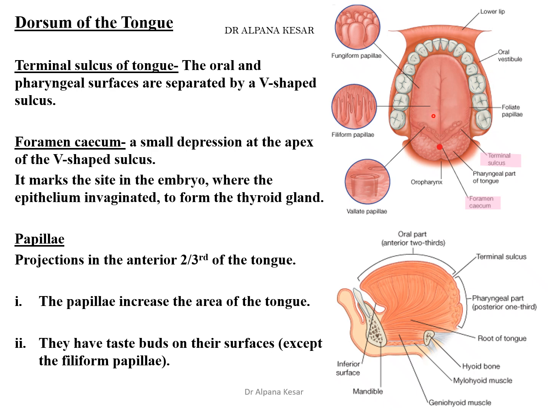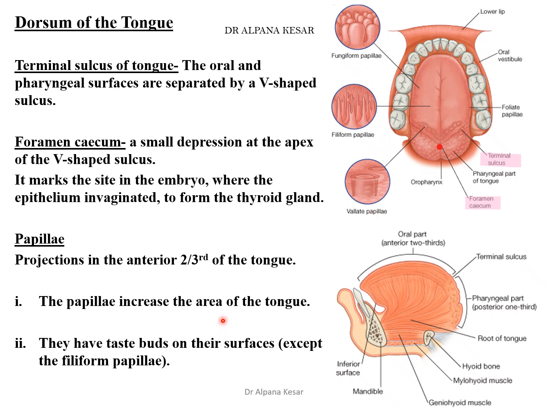The surface of the tongue is not smooth. It has numerous small projections present on it that fill the entire anterior 2/3 of the tongue. These projections are called papillae.